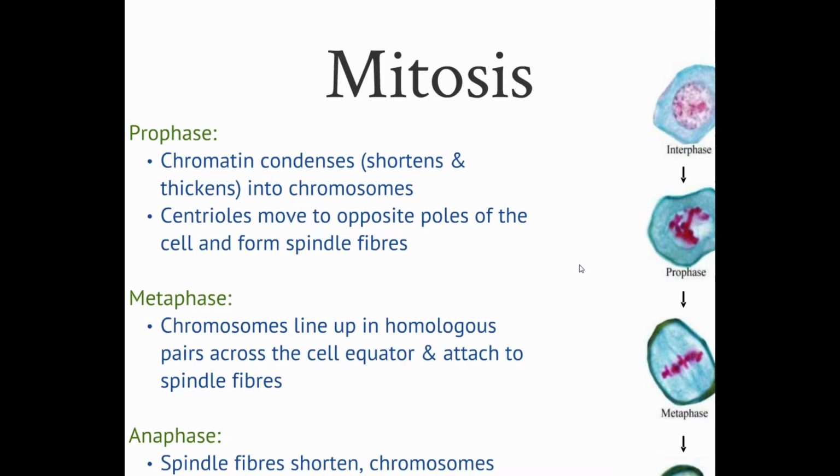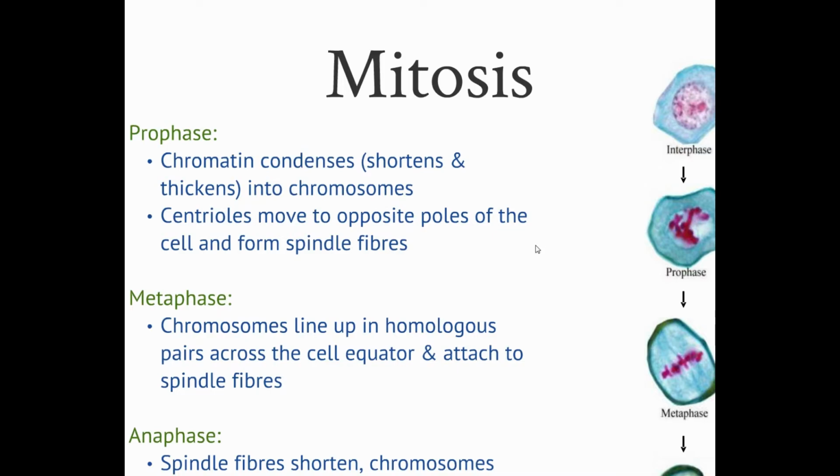So during prophase, the chromatin condenses. Chromatin is that material, the protein plus DNA, into chromosomes. So what's happening is the DNA is being tightly coiled around those proteins, those histones, and that's being coiled up tightly into those chromosome structures. So at this stage, the chromosomes actually become visible under the microscope. At this point, the centrioles also move to the opposite poles and start to form spindle fibers.